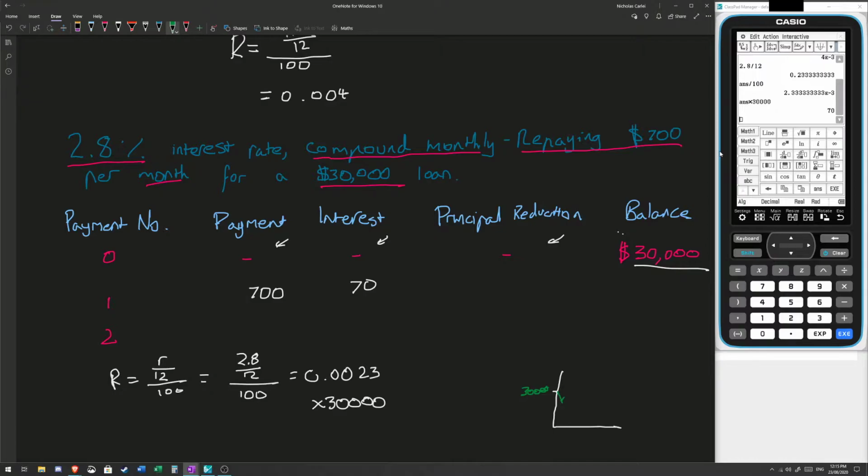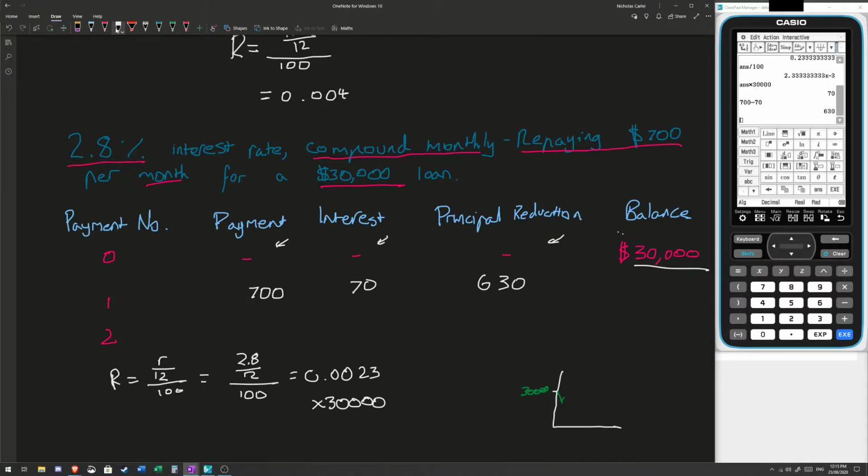We're going down by 700, but then we're adding another 70 because the bank's charging us. So we go 700, 700, which we've reduced by, but we've lost $70 of that because that's going back to the bank. So we've only reduced, and this is the important bit, we've only reduced by $630, okay? That's $630 here, okay?